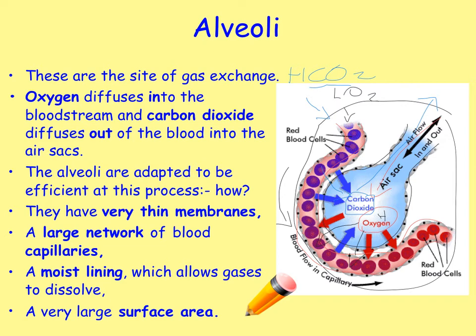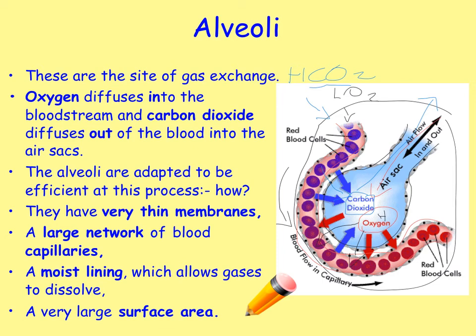I've got a note up here about how alveoli are adapted to be very efficient at this process. I've mentioned already the thin membranes or thin cell walls. Alveoli have a vast network of blood capillaries all round them. There'd be no point in being very efficient at taking oxygen in and not having anywhere for that oxygen to go. So there are lots and lots of blood capillaries around the air sacs in your lungs. There's that moist lining which allows the gases to dissolve easily.